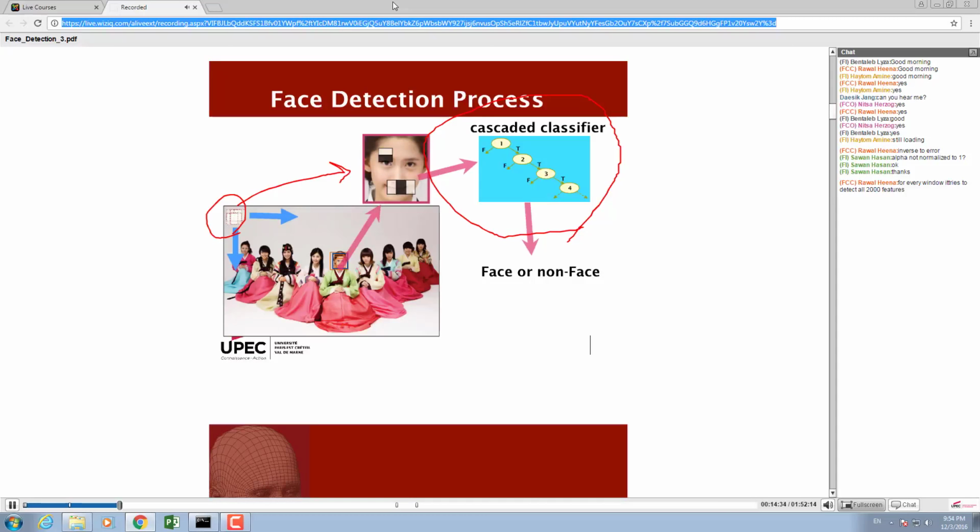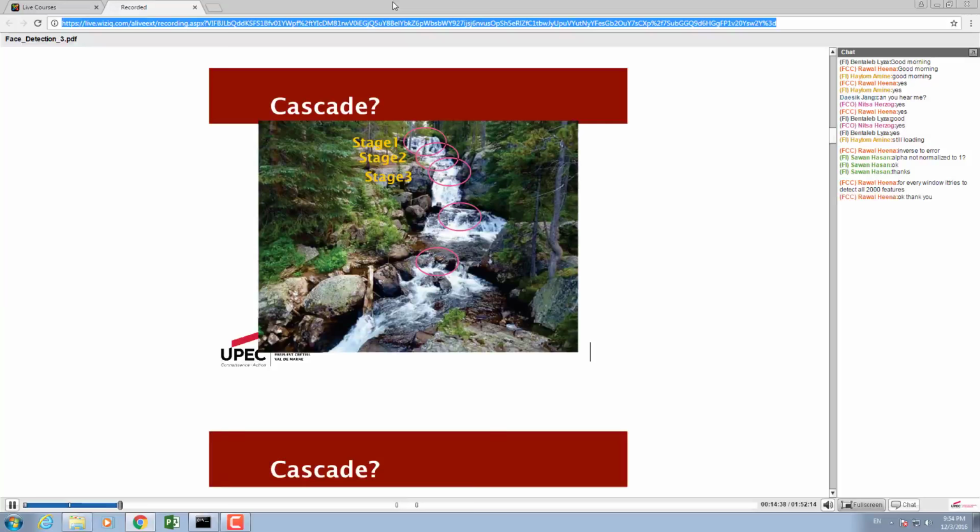That's why it can be slower. To avoid that kind of inefficient process, this cascaded approach is proposed in this paper.